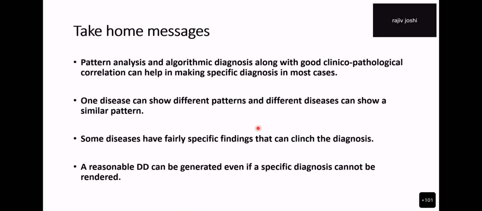Okay, so I think we come to the end. Any questions on this? We have two questions. We will take the first one, that is the significance of orthokeratosis and basket weave hyperkeratosis. No, significant where?